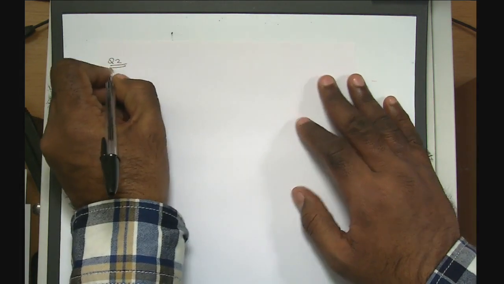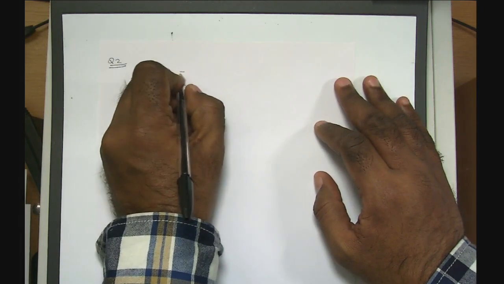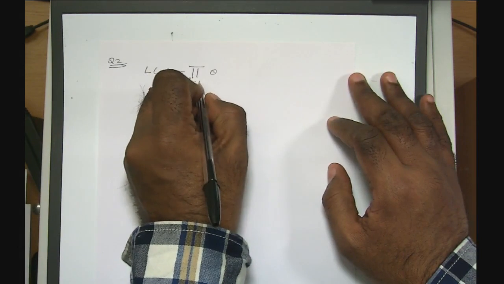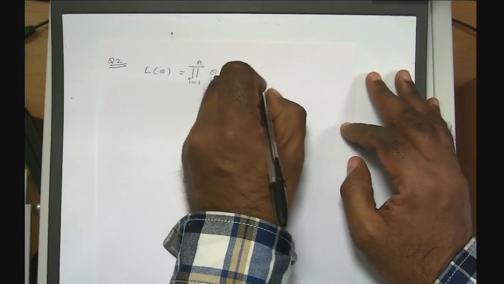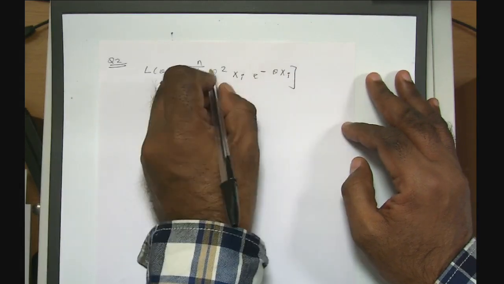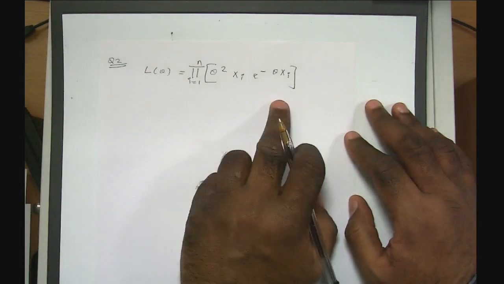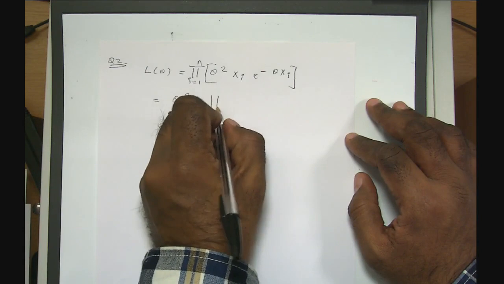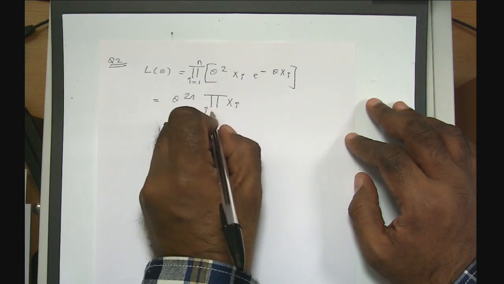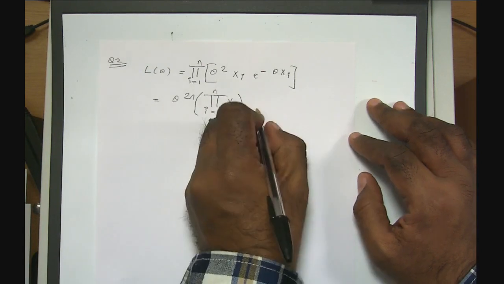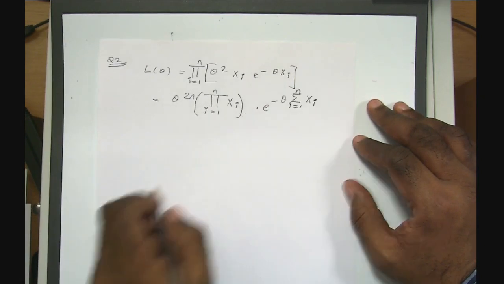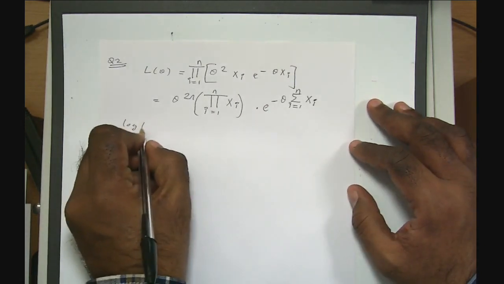So this likelihood is the product of the density functions, and this simplifies to this. The next step is to take the log of the likelihood.